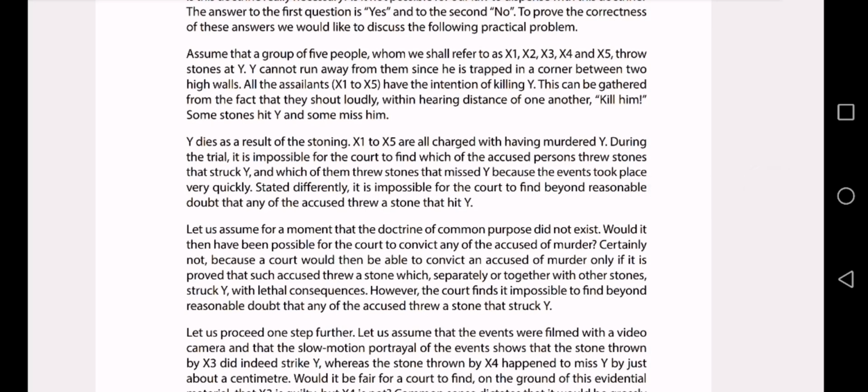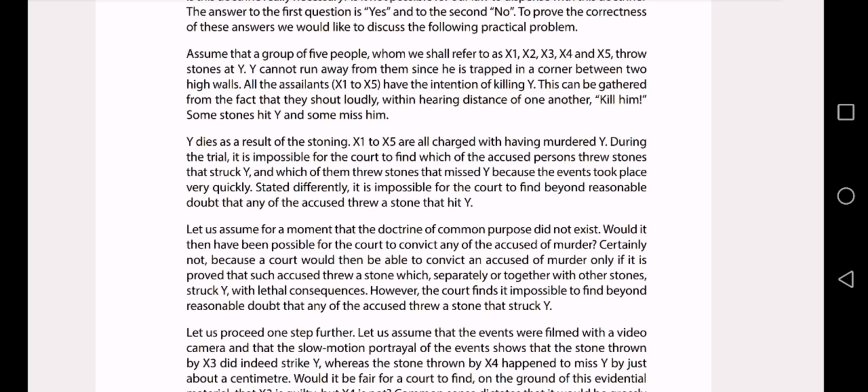Assume that a group of 5 people, who we shall refer to as X1, X2, X3, X4, and X5, throw stones at Y. Y cannot run away from them since he is trapped in a corner between 2 high walls.